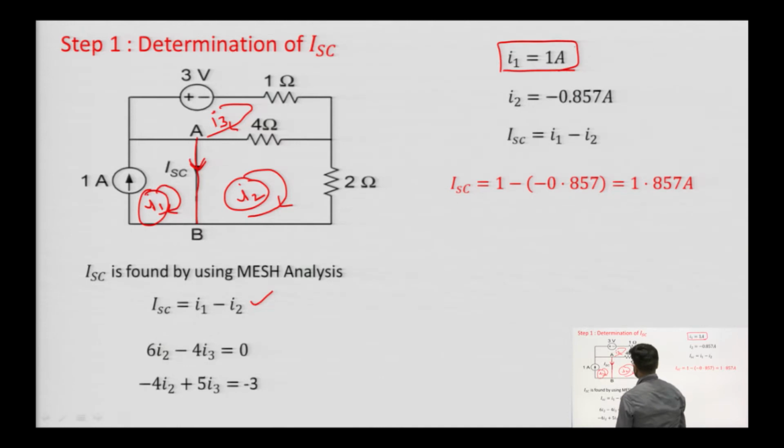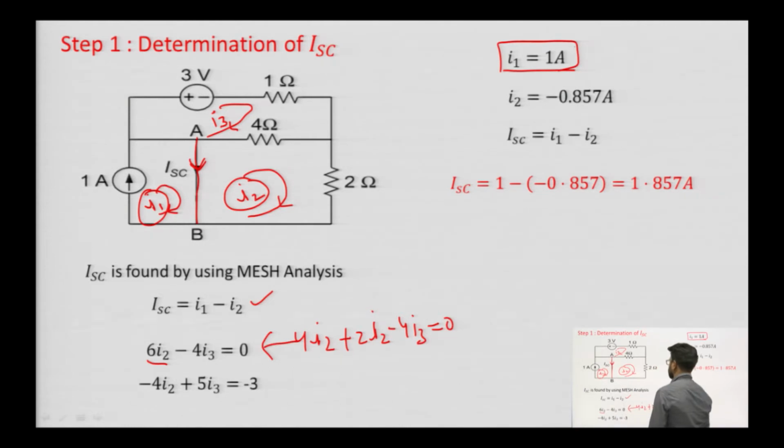Now, apply KVL in mesh 2. So, we will get 4 I2 plus 2 I2 minus 4 I3 equals 0. This leads to the equation 6 I2 minus 4 I3 equals 0.